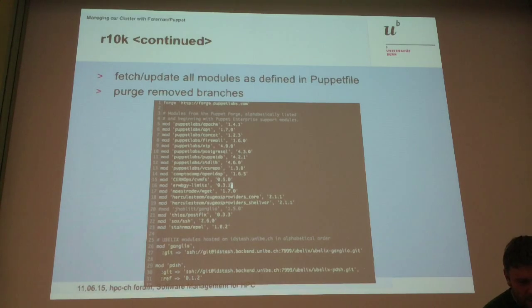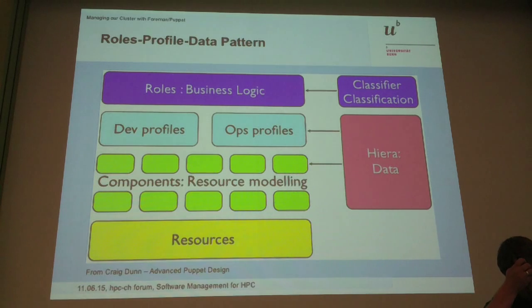Let's come to the roles, profiles, data pattern. Something that has been propagated for about 2 years or even more. This scheme, or this picture, is from a presentation by Gary Larizza, Advanced Puppet Design. On the bottom, you have the resources.